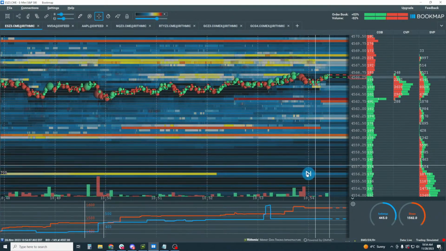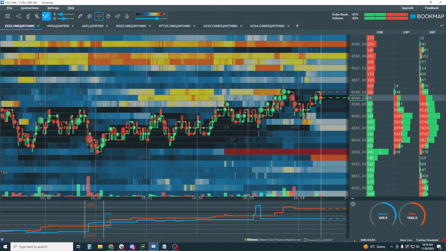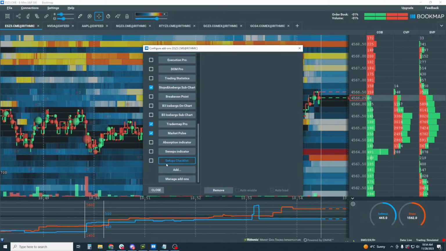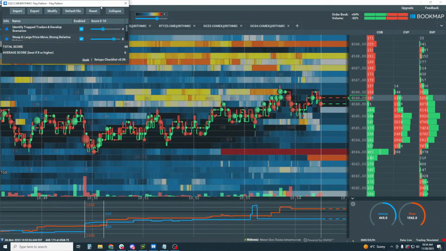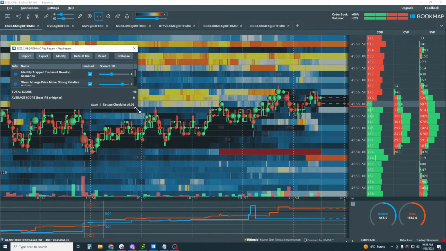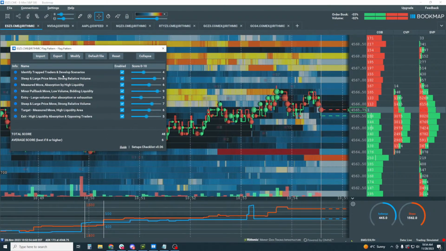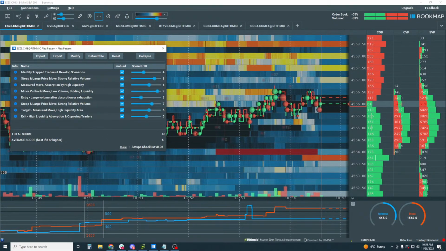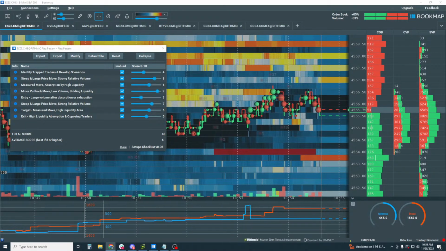But consider this, the default for this setups checklist is a flag pattern. That's what you're looking at in here. This is derived from the Learning Center on Bookmap.